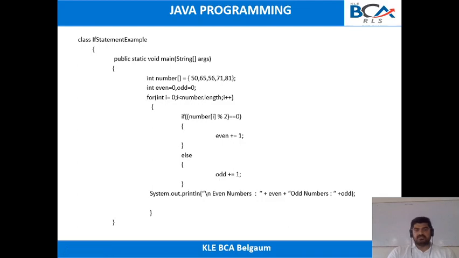Like this, the iteration will continue till the length of the array. For 5 iterations, this statement will get executed. Here you will get the even numbers 50 and 56, and odd numbers 65, 71 and 81. So even numbers are 2 and odd numbers are 3.